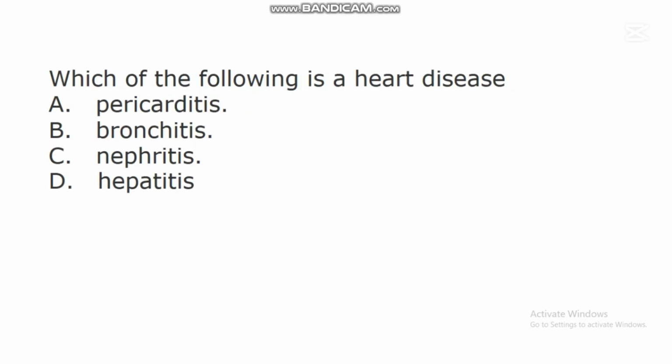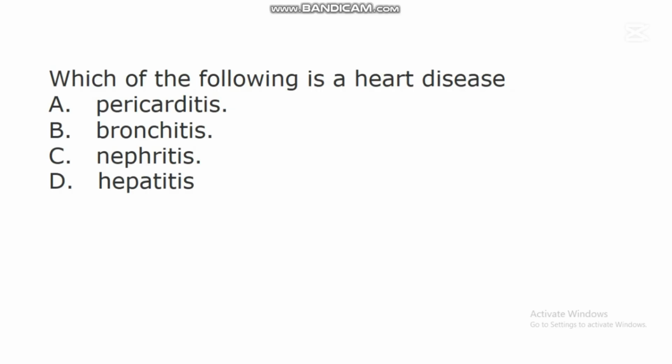The next question says, which of the following is a heart disease? A. Pericarditis. B. Bronchitis. C. Nephritis. D. Hepatitis.